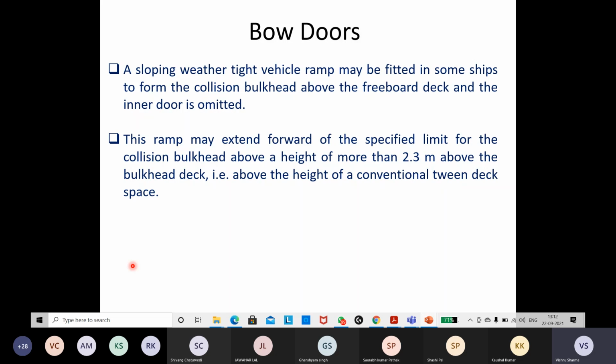That means the locational limit of the collision bulkhead, that it cannot be forward of this position: if you are using the ramp, some part of the ramp may go forward of it only if that breach is taking place at a height more than 2.3 meters above the bulkhead deck. Have you understood this point, beta, or should I explain anything on this one? Read it once and understand it.